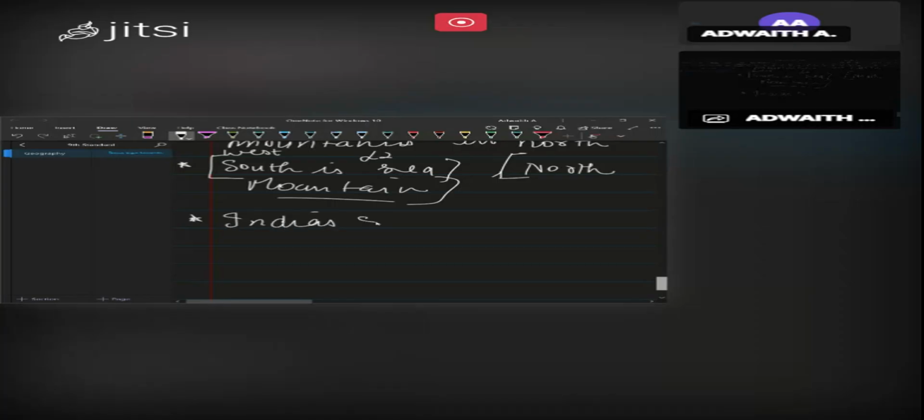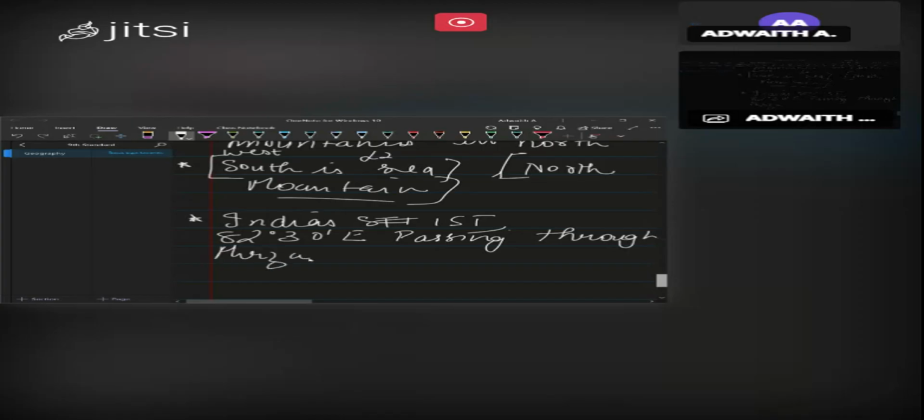Now India standard time. India Standard Time, IST, is 82 degree 30 minutes east, passing through Mirzapur, Uttar Pradesh.